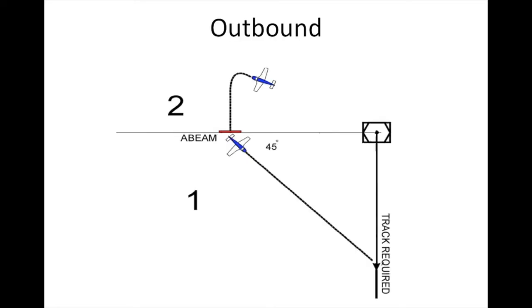I'm going to start with the easy case first, intercepting an outbound radial. All right, let's say ATC has instructed you to intercept radial 180 outbound. As you can see here from the picture, it's that line coming straight down from the VOR, going south. That's the radial that you need to intercept and track outbound, which means away from the VOR.